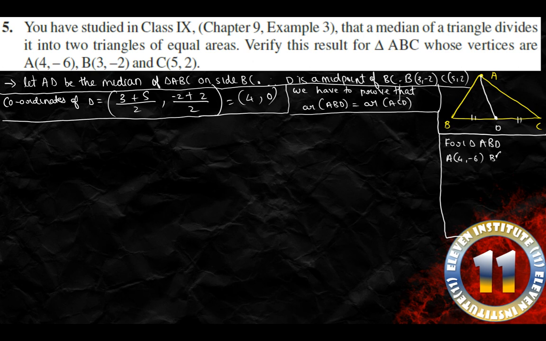B શું છે આપણા માટે 3, -2 અને C શું છે આપણા માટે 5, 2, રાઈટ. સો આ છે આપણા માટે x1 y1, x2 y2 and x3 y3. એવું જ સેમ આપણે કોના માટે લખશું ACD માટે, બટ થોડીક આપણી ભૂલ થઈ ગઈ છે અહીંયા, રાઈટ, જેને આપણે સુધારી લઈએ. અહીંયા C નહીં આવે ને, D આવશે, ફોર ટ્રાયેંગલ ABD. તો D ના કોઓર્ડિનેટ્સ આપણી પાસે છે 4, 0. એ આપણા માટે બની જશે x3 y3. ફાઇન. આઈ હોપ ધીસ ઇઝ વેરી મચ ક્લિયર ટુ યુ.